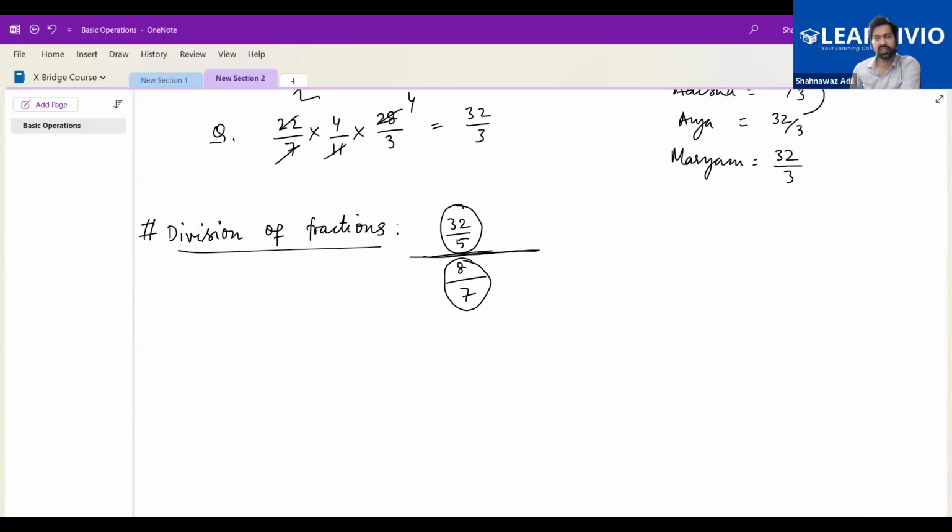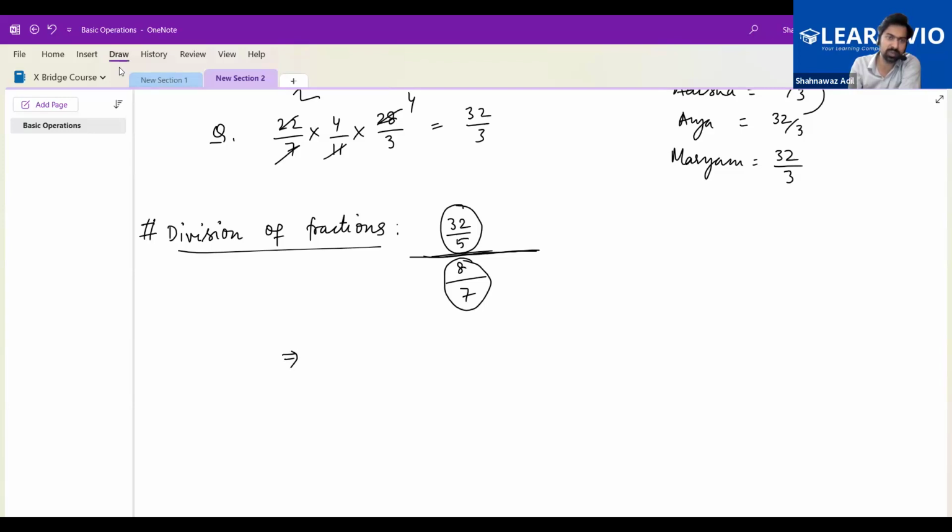So how do we divide these two? Cross multiplication. Whenever we are solving it, take the reciprocal of the second fraction and multiply. Yes, that is what we do.